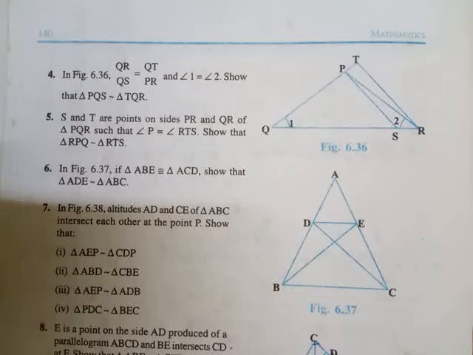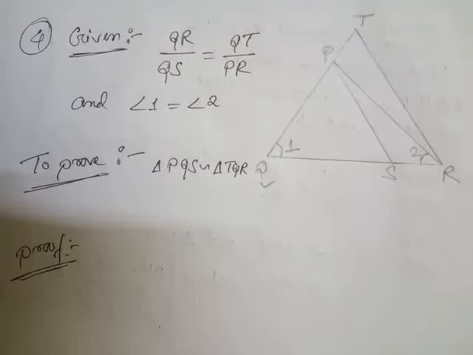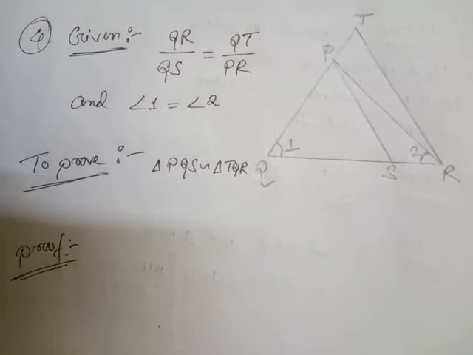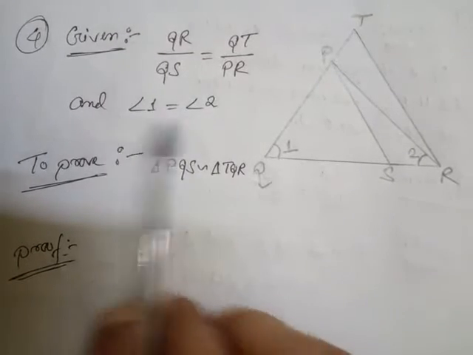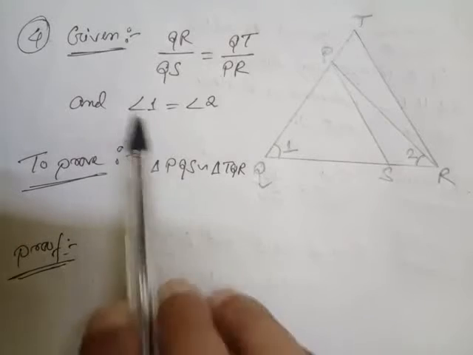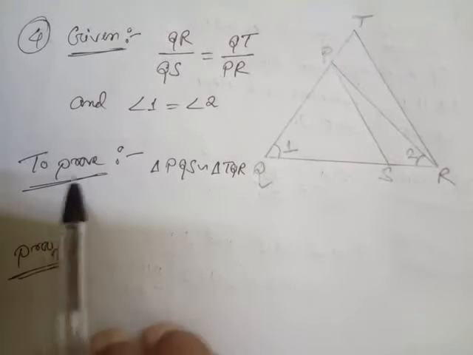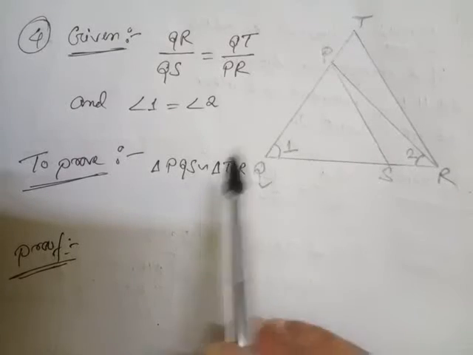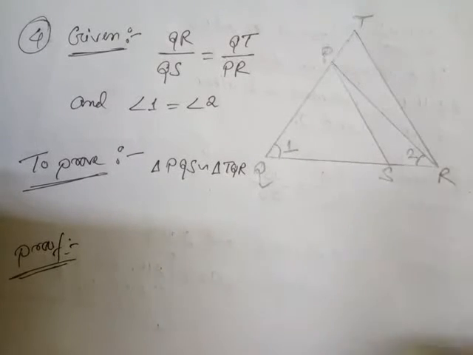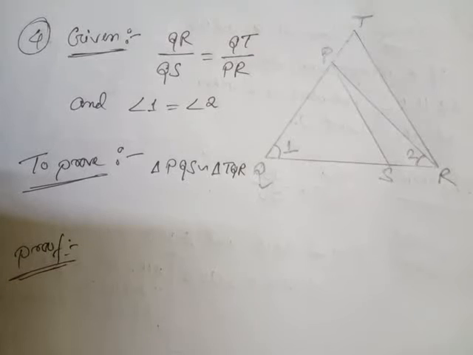Look student, the given part I have written from the main book, along with the diagram, and we have to prove that triangle PQS is similar to triangle TQR. So given and proof are already here, so let's start the proof portion.